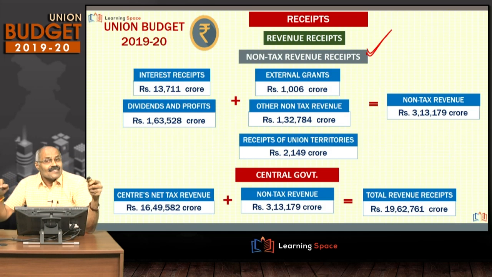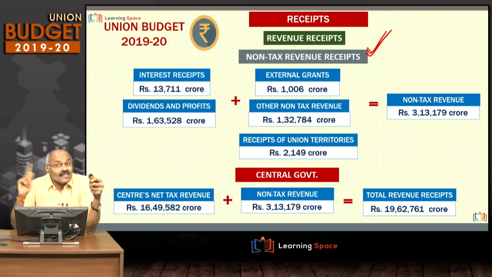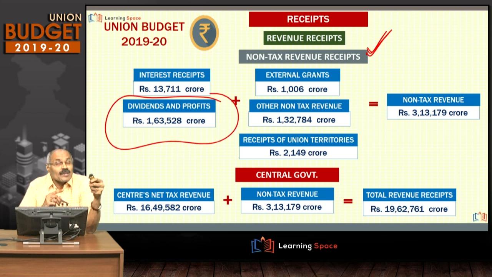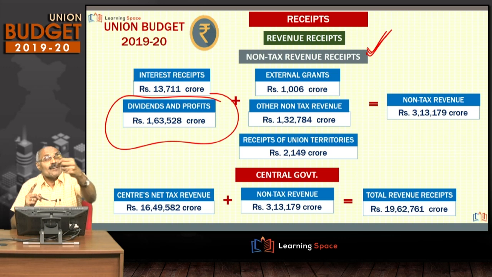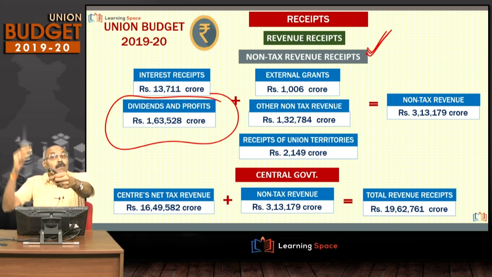After that, this is non-tax revenue. This is not required to be shared with the states. Friends, here dividends and profits is one important component. What is this dividend and profit? Dividends and profits are from public sector enterprises, right?